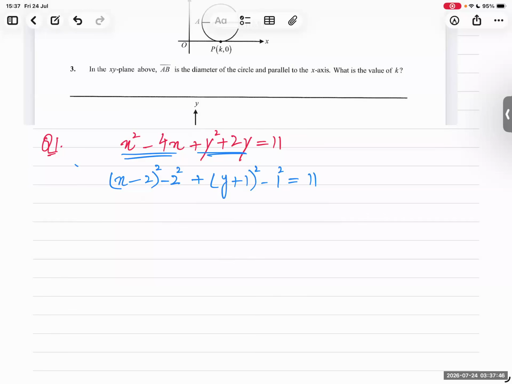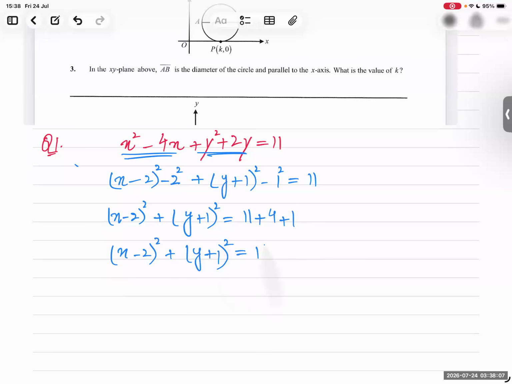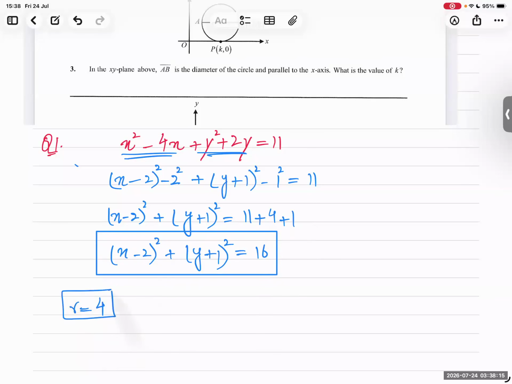So that is (x minus 2) square plus (y plus 1) square is equal to 11 plus 4 plus 1. So this is basically (x minus 2) square plus (y plus 1) square is equal to 16, right? So we could say that the radius is 4.